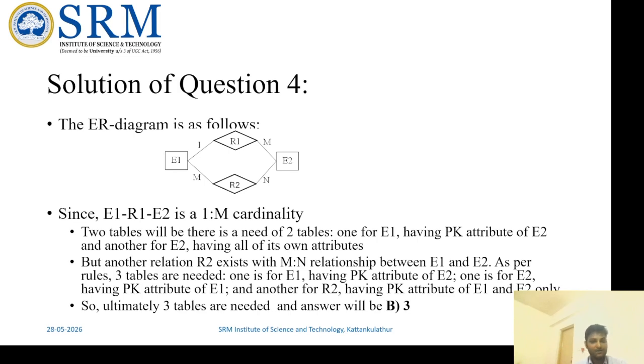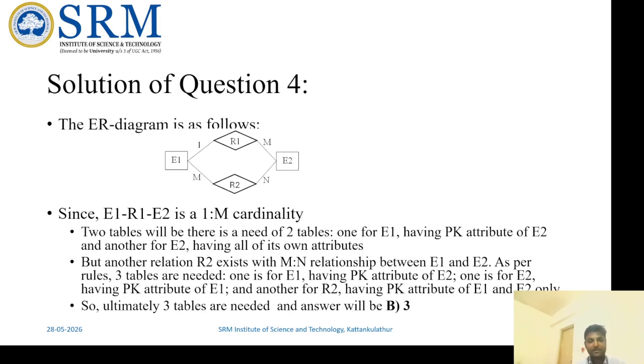So one table for E1 having primary key attributes of E2, one for E2 having the primary key attribute of E1, and another for R2 having only the primary key attributes of E1 and E2. So three tables for this.